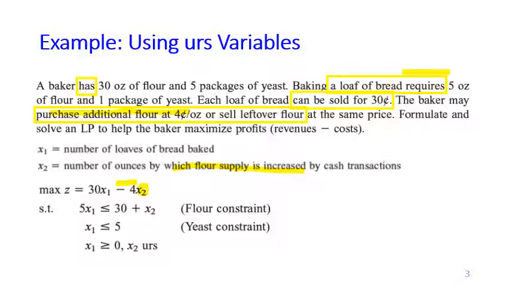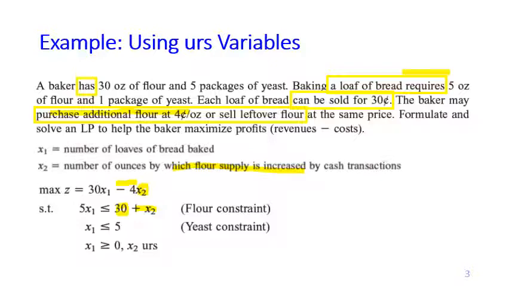Okay, but then if you look at the flour constraint, at first we have 30 ounces of flour. Our availability of constraint will increase if we buy additional flour, right?